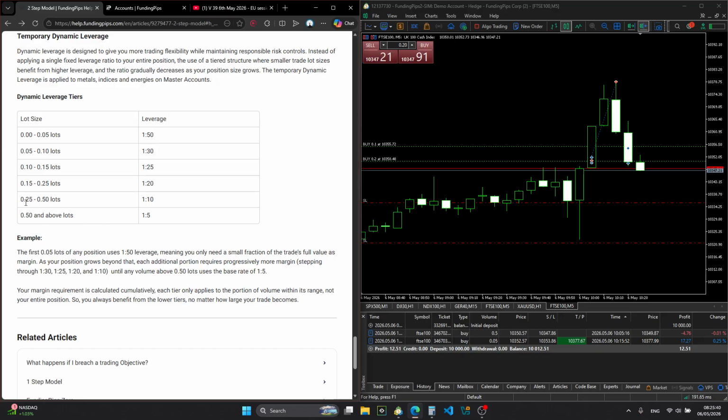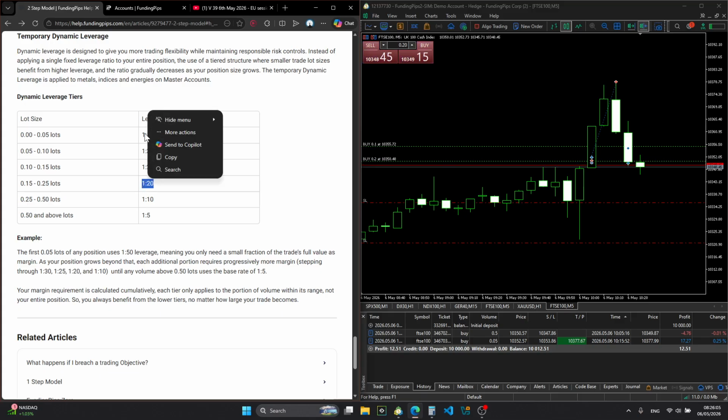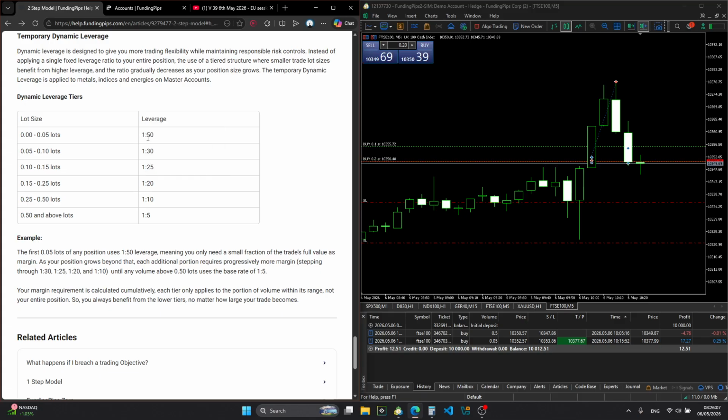So when I reach, the leverage should have been lower. Why is it higher? Okay, 0.2, right? 0.2. Leverage should have been lower, not higher. Maybe this is higher, right?